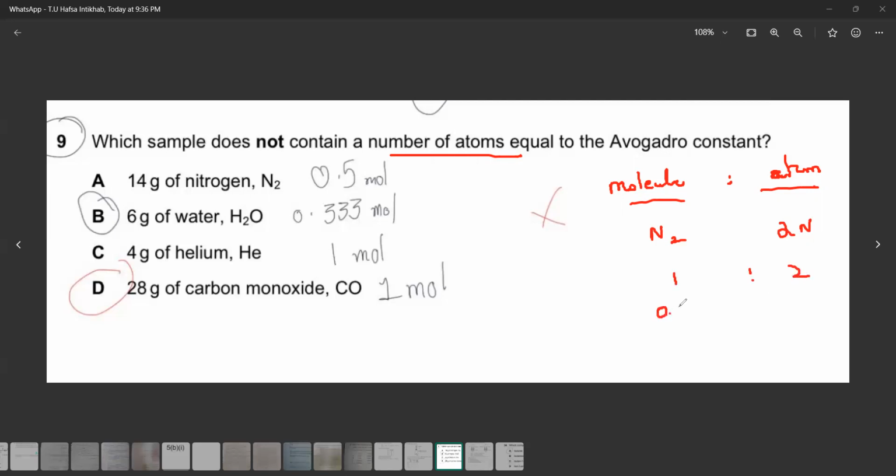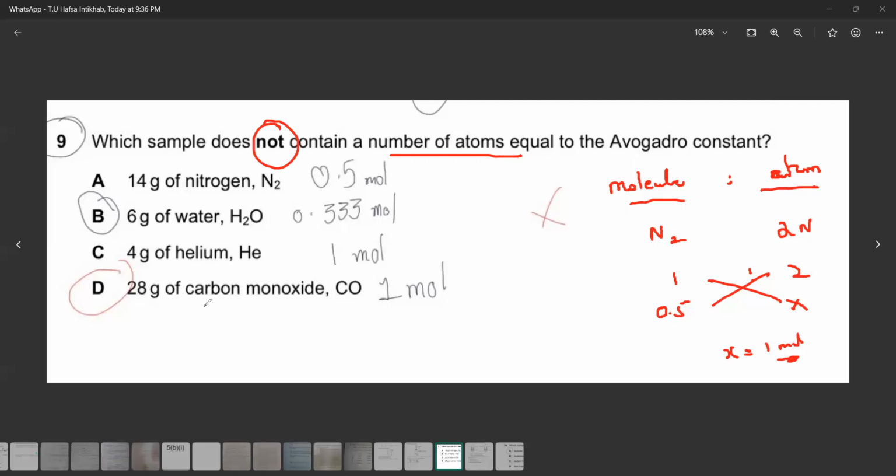So if we have 0.5 moles of nitrogen molecules, how many atoms will be there, X? We just cross multiply and we get 1 mole of atoms, and 1 mole of atoms will contain Avogadro's number of particles. So that's why A is having Avogadro's number, but the question is which does not contain.